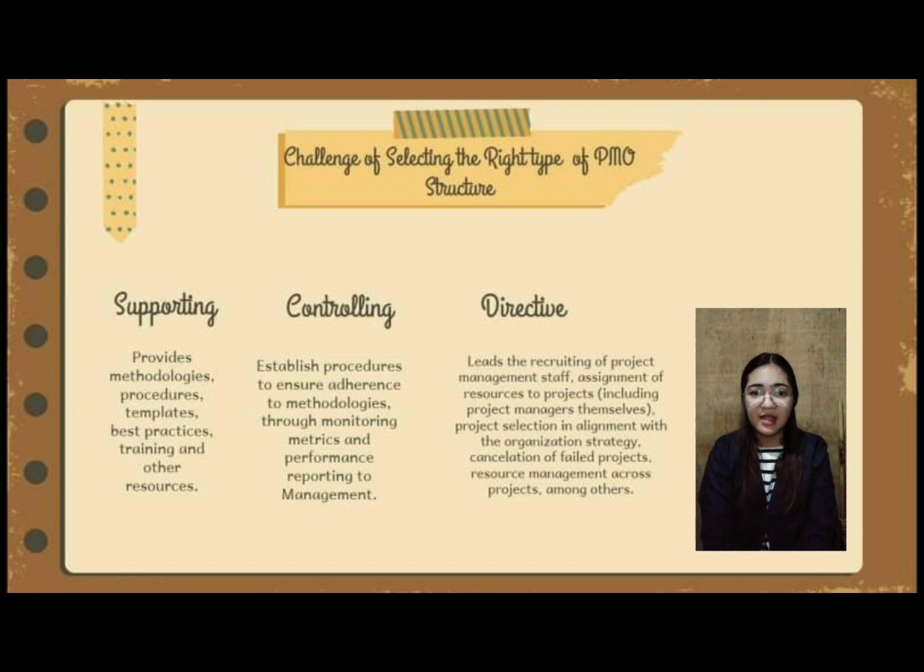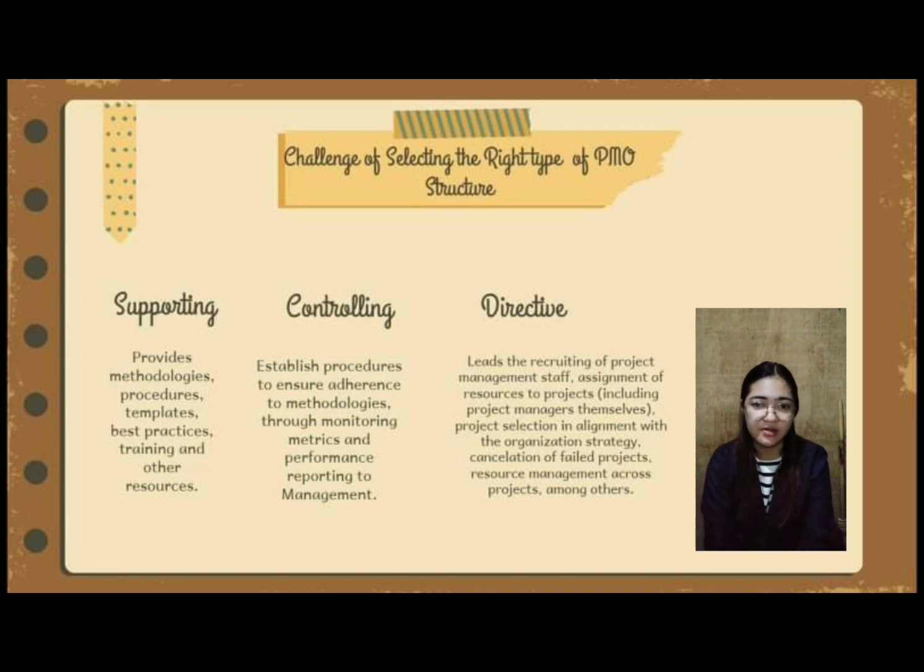These are the types of PMO structure that can be classified. First is supporting, which provides methodologies, procedures, templates, best practices, training, and other resources. Next, controlling. It establishes procedures to ensure adherence to methodologies through monitoring metrics and performance reporting to management.